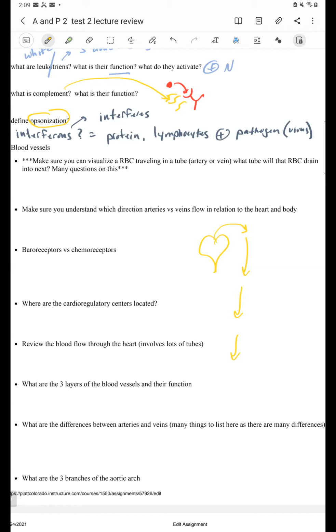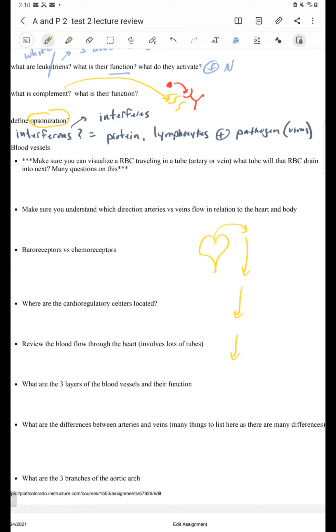So like a vein, for example, if you're a red blood cell inside the cephalic vein, what tube are you going to drain into next? Well, the cephalic vein is in your arm, it runs with the humerus, on the more lateral side of the humerus.